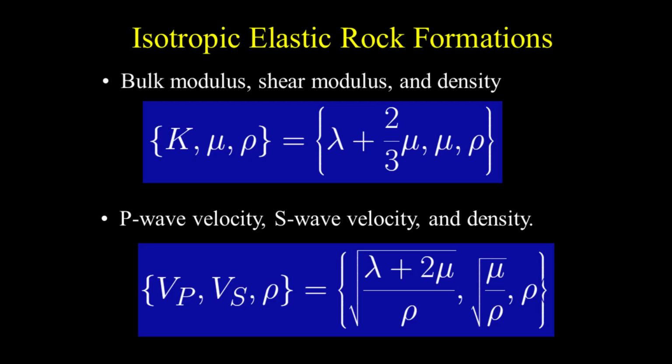Bulk modulus, shear modulus, and density is one classical choice. P wave velocity, S wave velocity, and density is another choice.